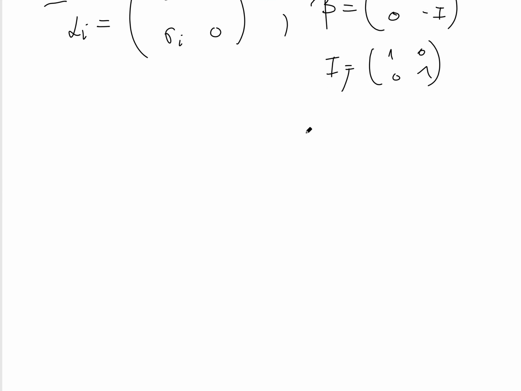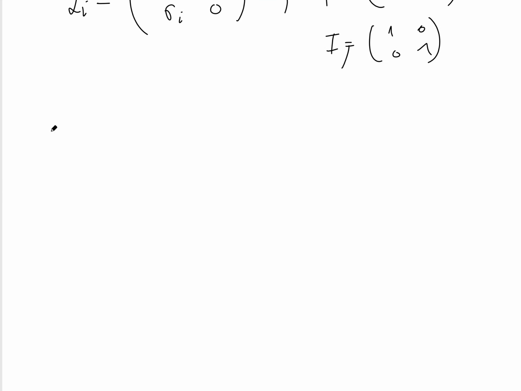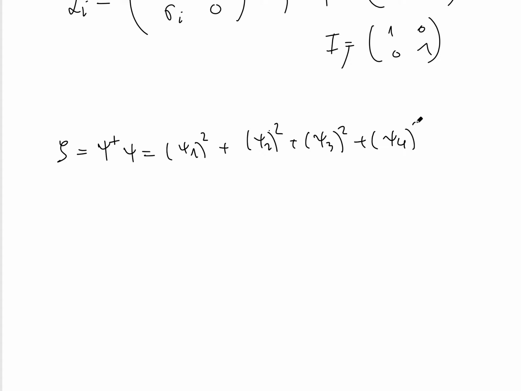You conjugate the Dirac equation, then you multiply by psi, and you also multiply the equation by psi star, and then you find that the density is now real. So it is psi dagger psi, which is psi1 squared plus psi2 squared plus psi3 squared plus psi4 squared.